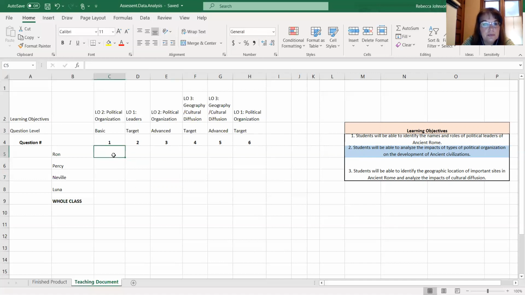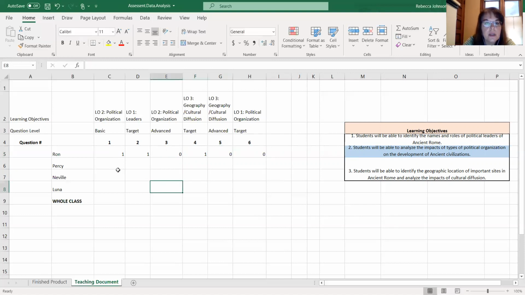And so when Ron took the test, he got question 1 right, which I'm going to put a 1 there. He got question 2 right, which I gave a 1 there. Question 3, he did not get right. Question 4, he got right. Question 5, he missed. And question 6, he missed.